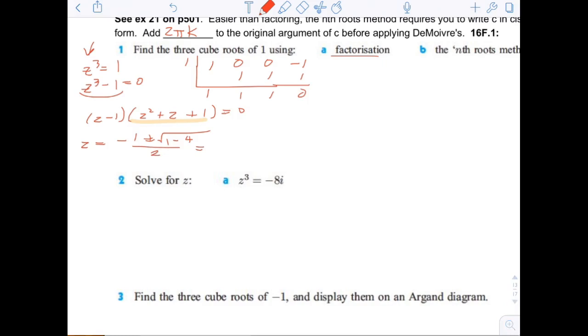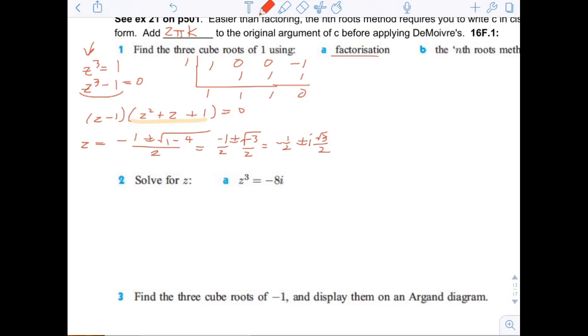So we're left with negative 1 plus or minus the square root of negative 3, divided by 2. So negative 1/2 plus or minus i times the square root of 3 over 2.